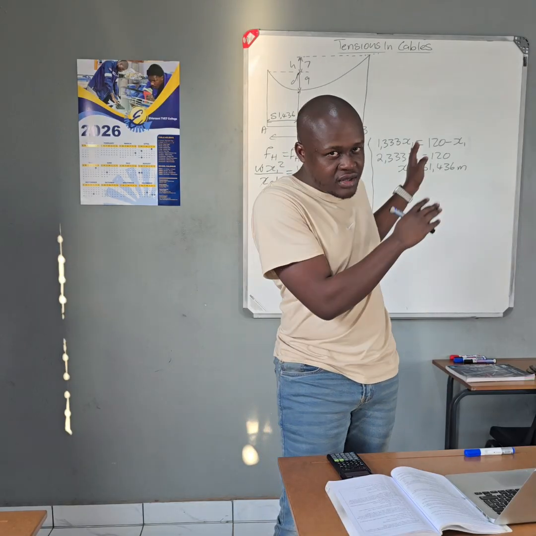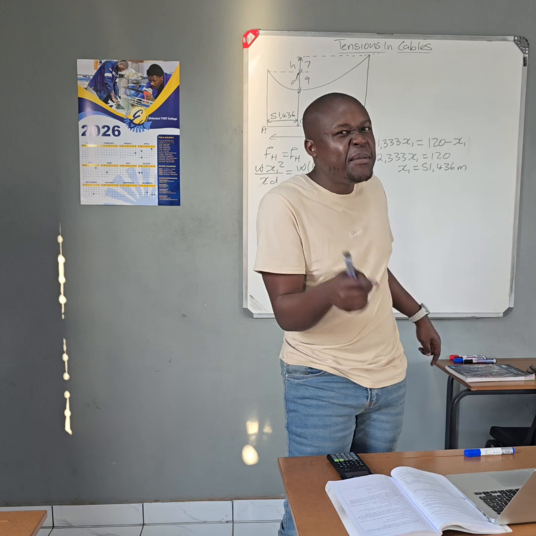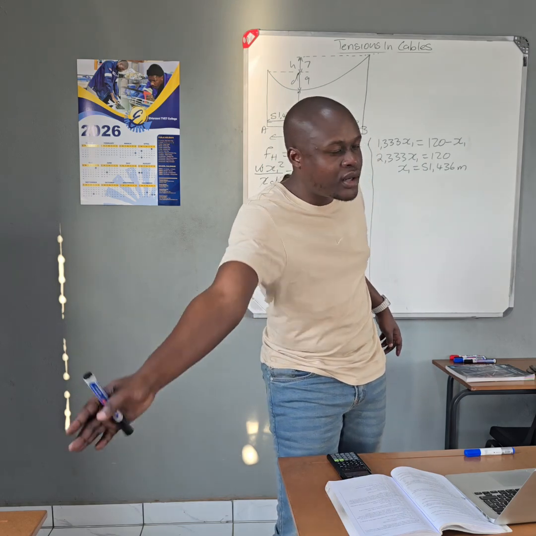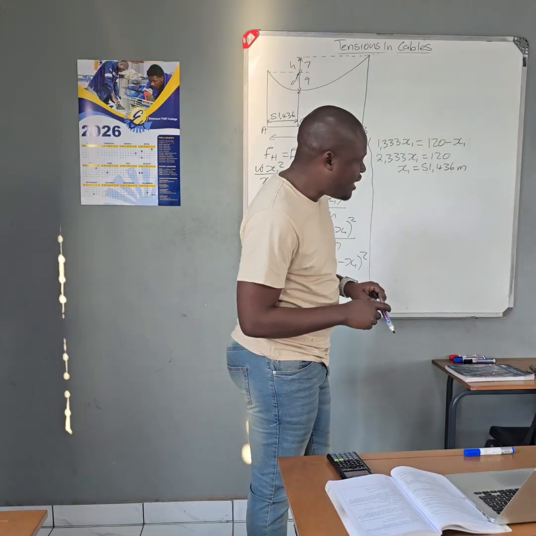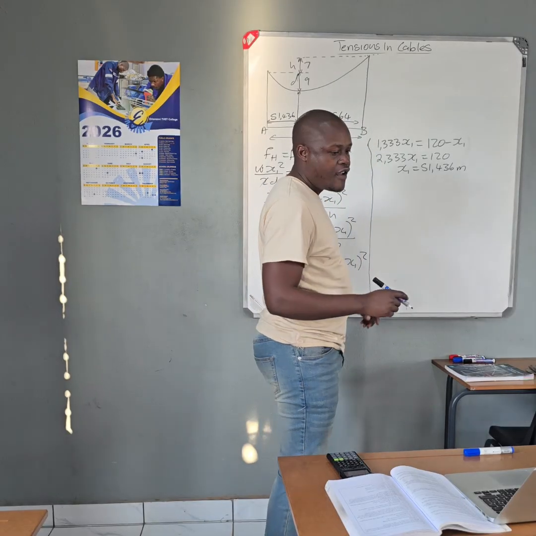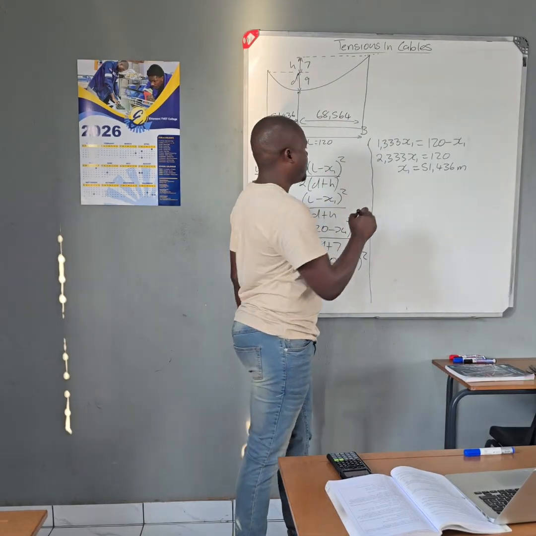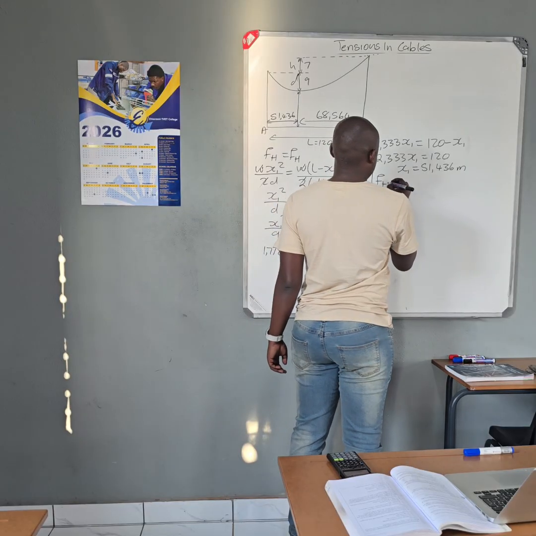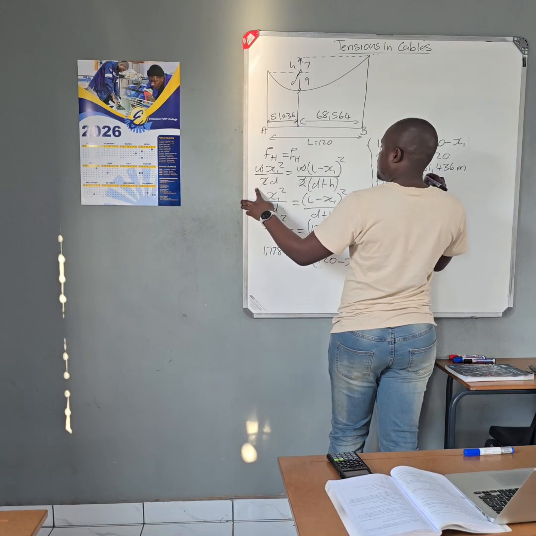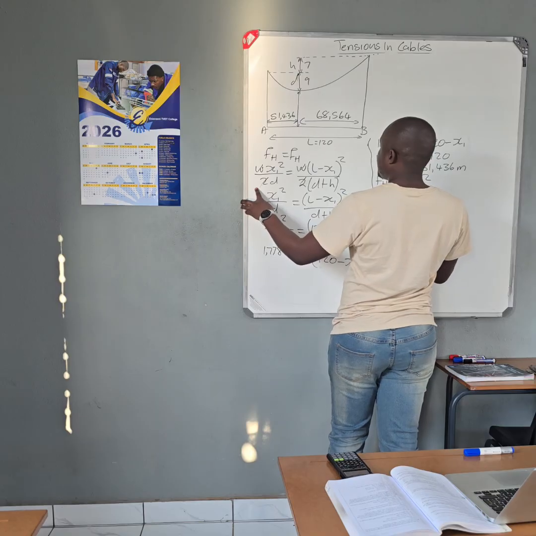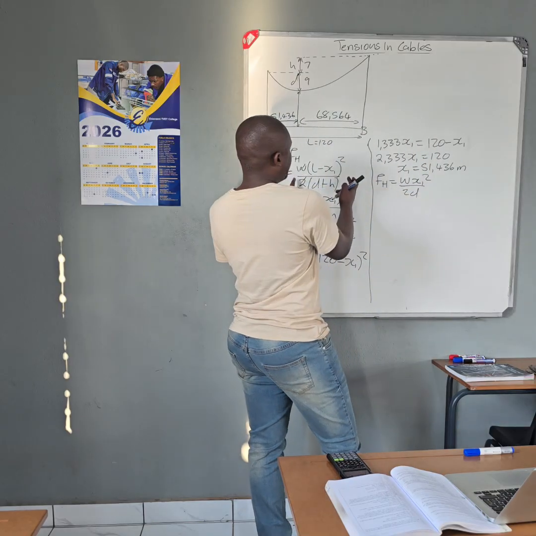We are having cables, but we want per cable. So, for both cables now, FH is going to be equal to w x1 squared, all this divided by 2d. You can even use the other formula, which is this one.